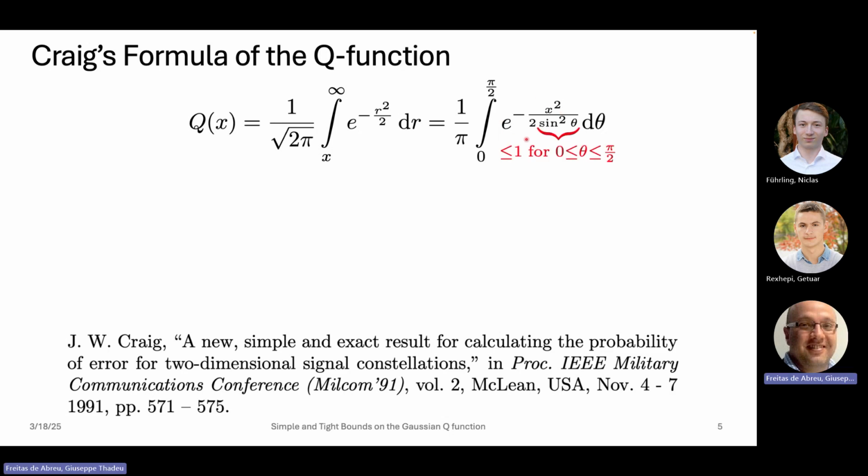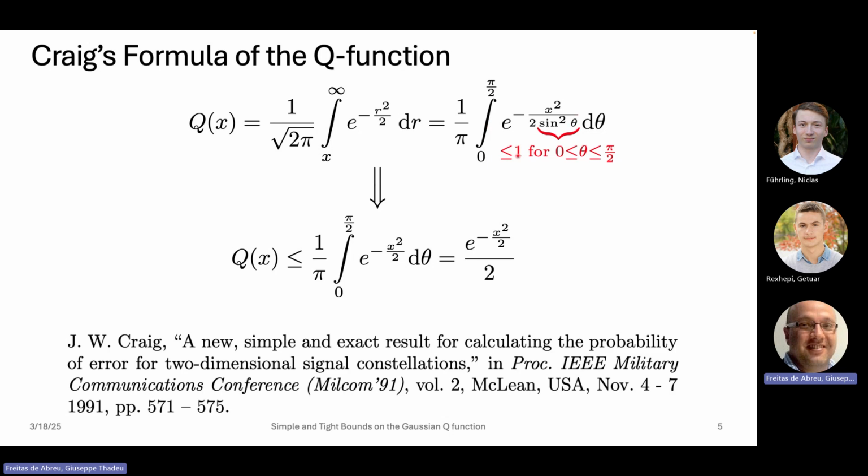So now, after that, somebody realized, Simon in particular, that you could look into this sine square that appears in the integrand here, and realize that in this range of integration, a sine is actually upper bounded by the number one.